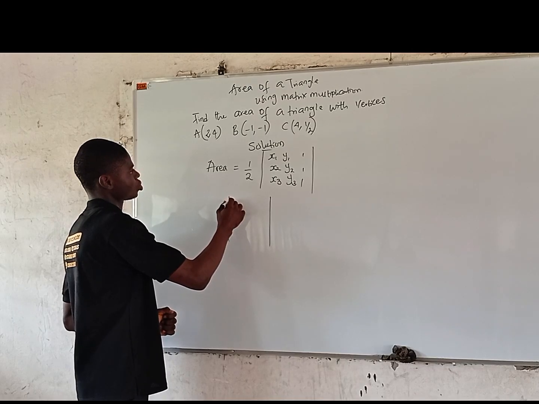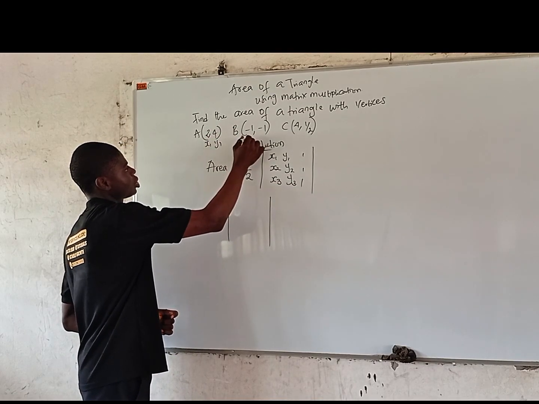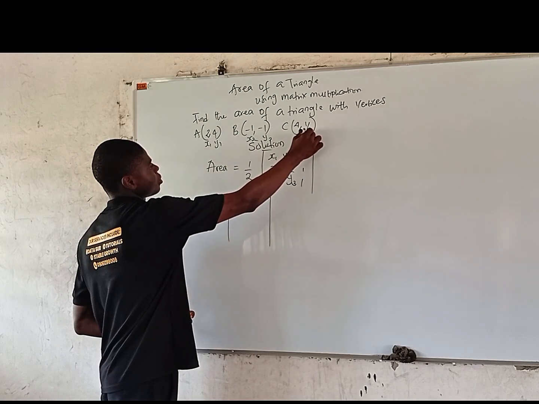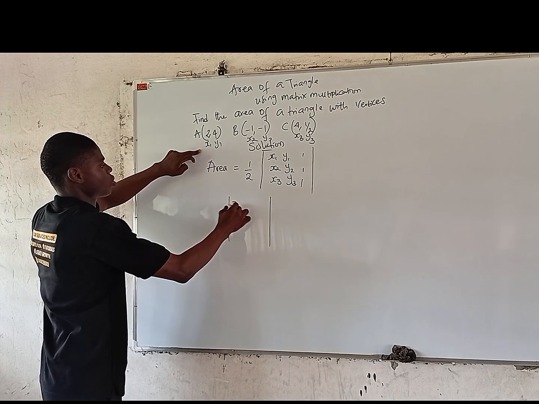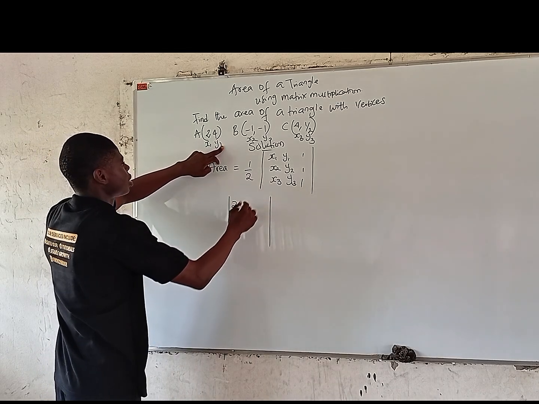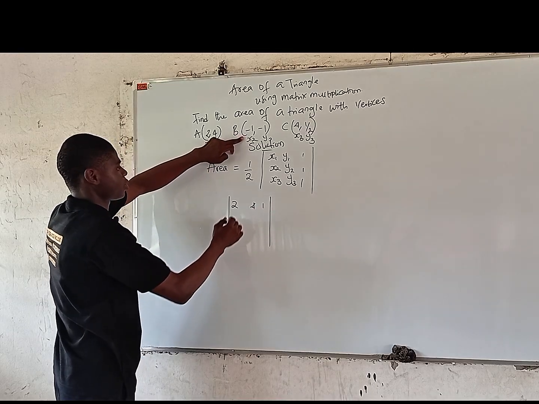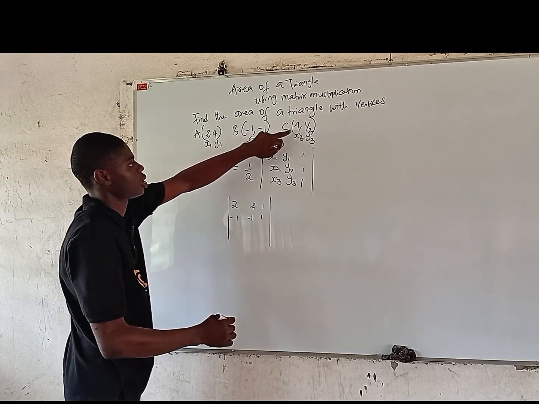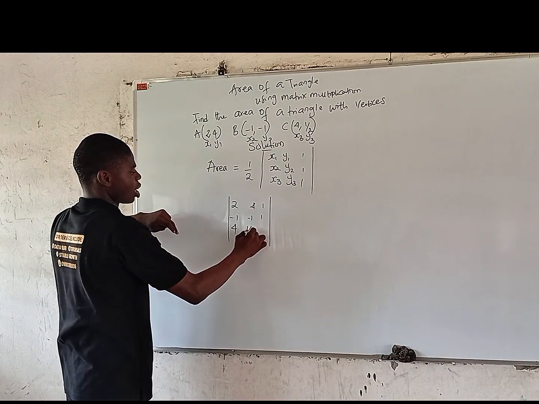Do well to label them. So your x1 here is 2, your y1 is 4, and your value here is 1. Your x2 is -1, you have 1, and your x3 is 4, then you have half there, 1.